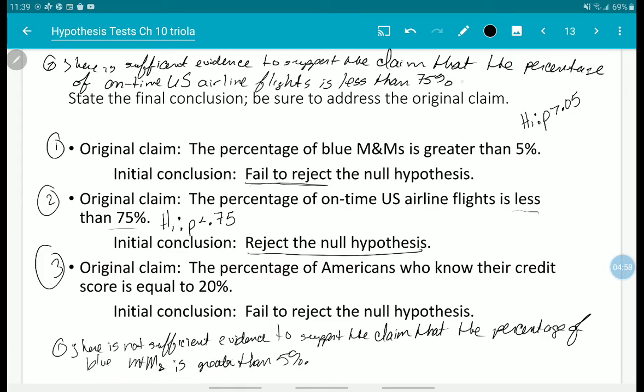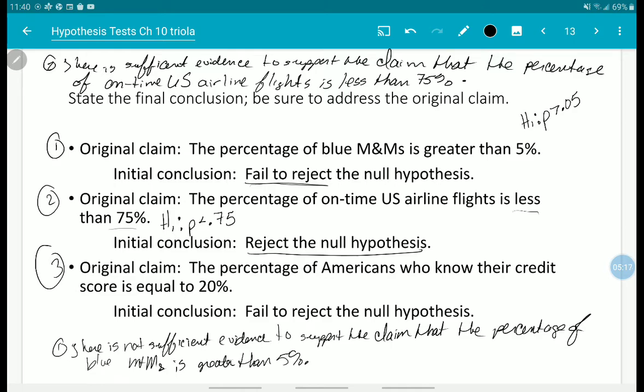So there is sufficient evidence to support the claim that the percentage of on-time U.S. airline flights is less than 75%. So all that's based on what we've got from that chart and whether we're going to reject or fail to reject and what's going on in that original claim.